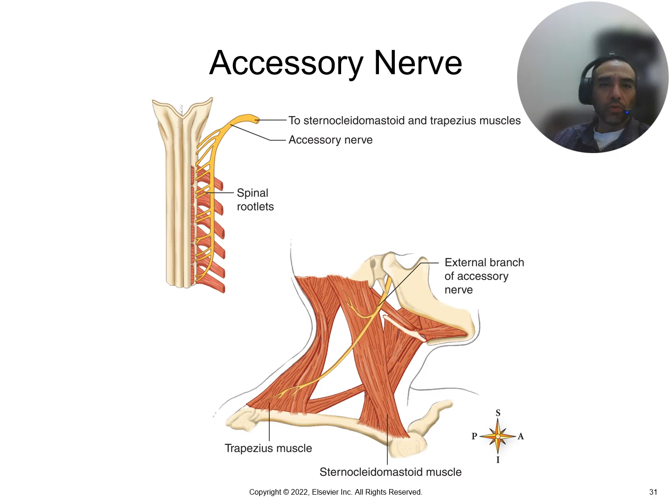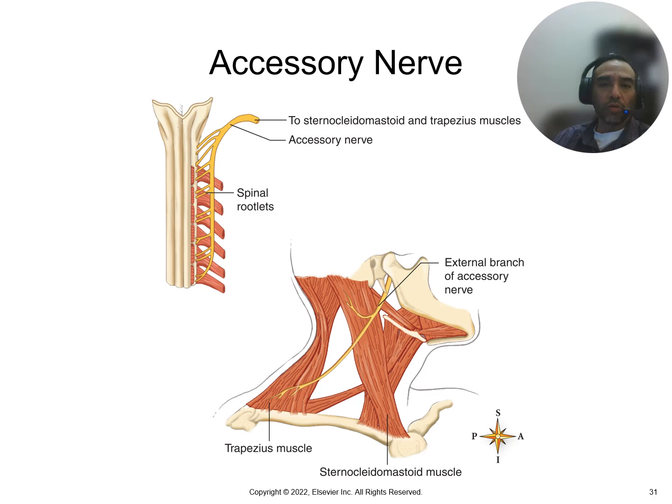All right. This is figure 21-15. Here we see the accessory cranial nerve number 11. They thought this was originally the vagus nerve. They couldn't handle what the vagus nerve does.